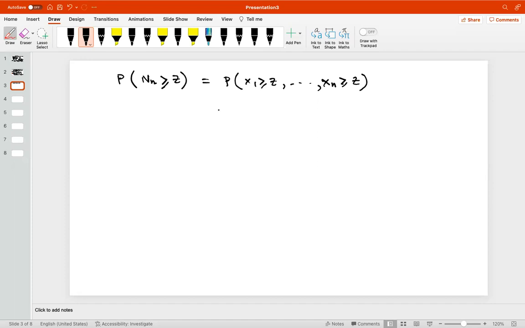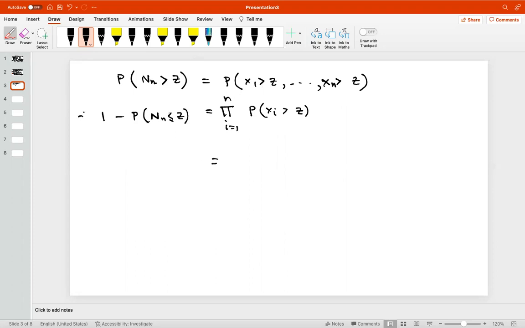Now if these are independent, there is a product over i equal to 1 to n of the probability of Xi greater than or equal to z. What is this probability? It is 1 minus the probability of Xi less than or equal to z. We can also take strictly greater than. This is just 1 minus the probability of Xi less than or equal to z, the complement.